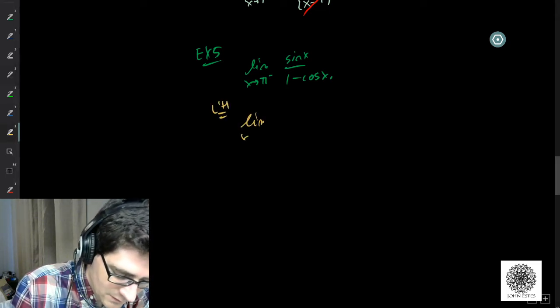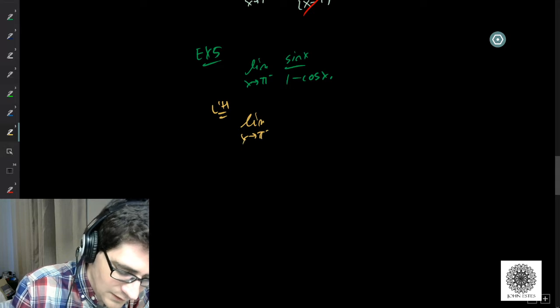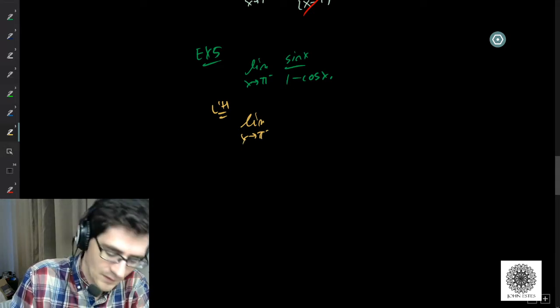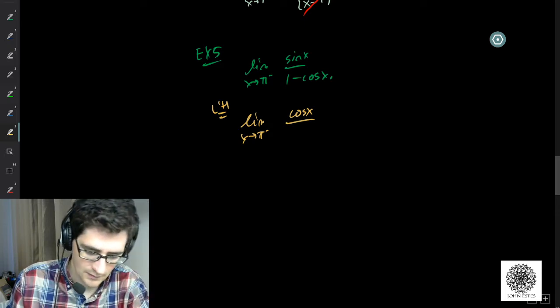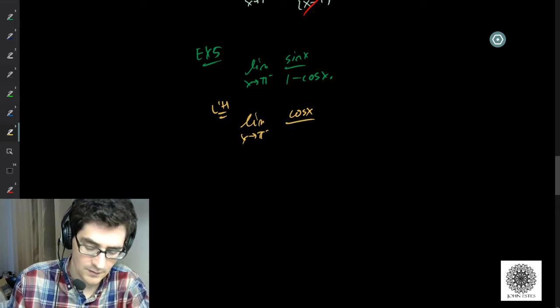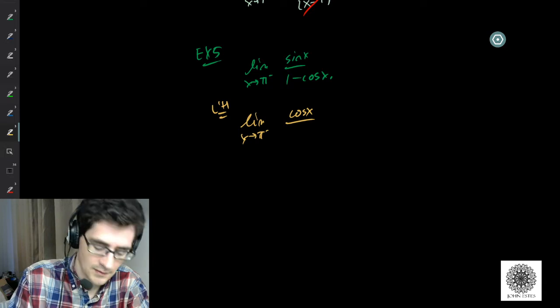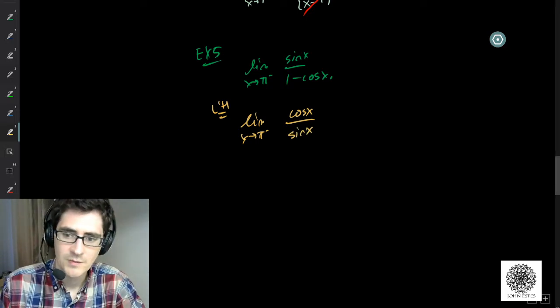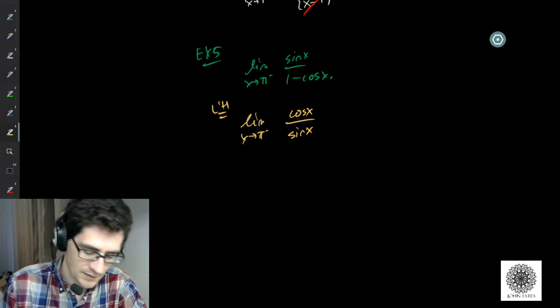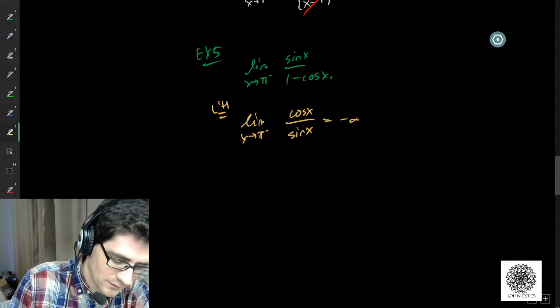So I get the limit as x approaches pi from the left of the derivative. We get cosine x in the numerator. The derivative of the denominator would be positive sine x. So I get tangent x approaching pi from the left side. We end up going to negative infinity.